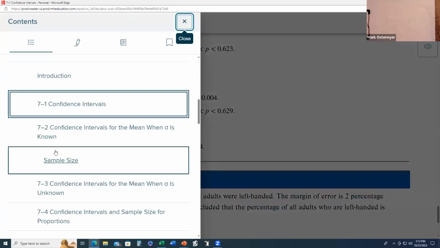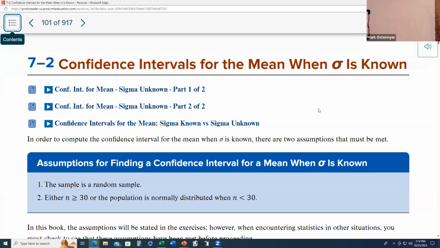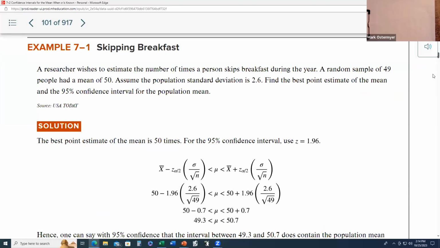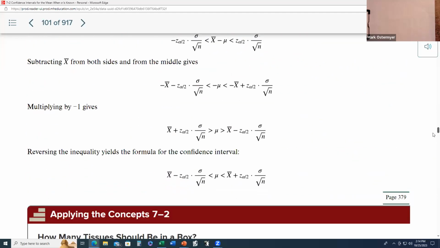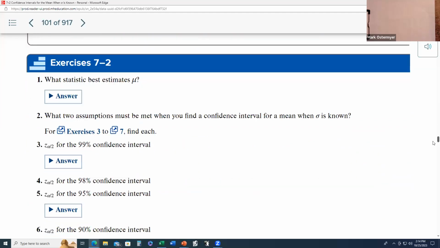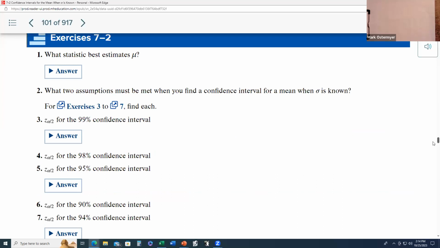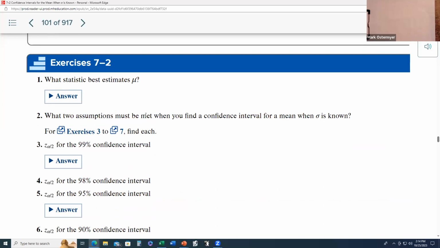All right. Now, just a couple more problems. We don't have too much time left. We'll have to finish section 7.2 next time. But what statistic best estimates an unknown population mean?